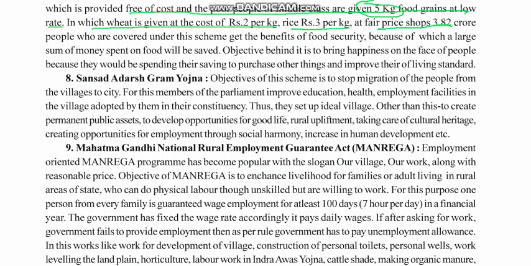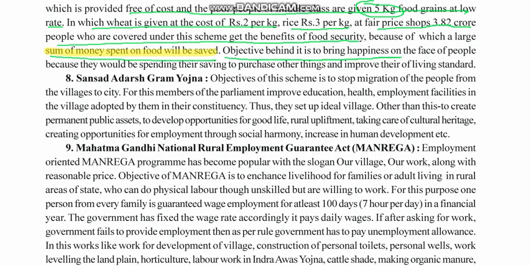Fair price shop, which are 3.82 crore people who are covered under this scheme, get the benefit of the food security. So this is one of the food security plans under the poverty alleviation program, because of which a large sum of money which was spent on the food is saved. Okay, the important point here, the large sum of money spent on the food by the poor people is saved by this kind of scheme by the government.